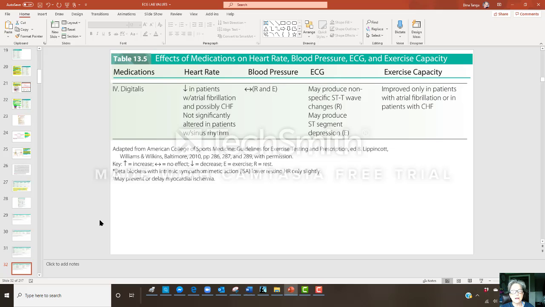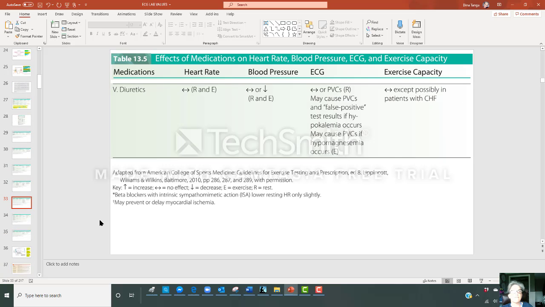It may produce non-specific ST wave changes at rest, may produce ST segment depression with exercise. Exercise capacity is improved only in patients with atrial fibrillation or in patients with CHF, congestive heart failure.